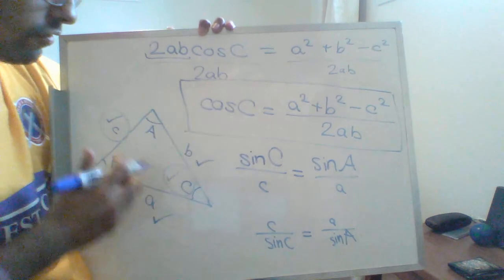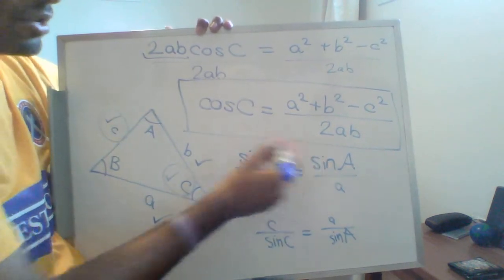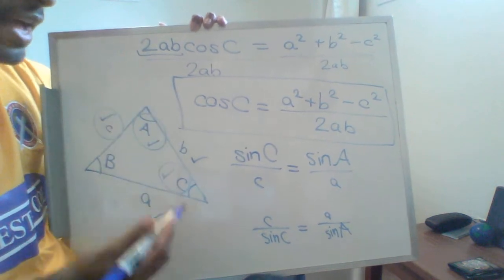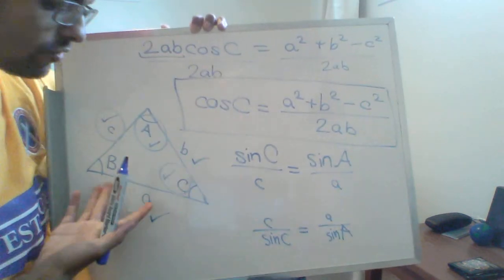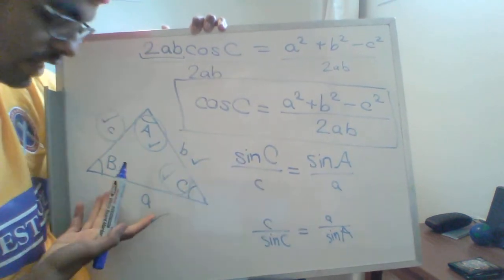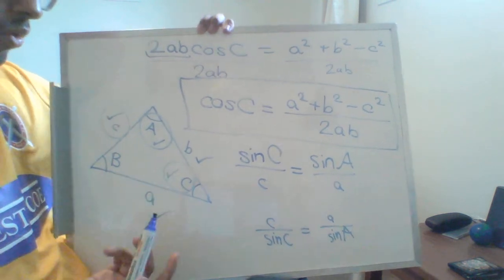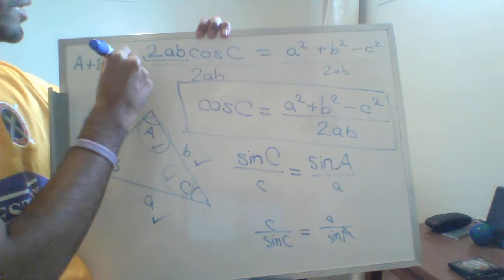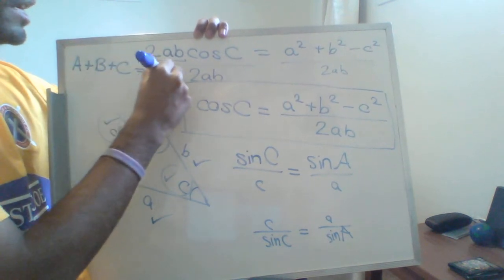So you could do cosine law the first time to get one angle, and then you do sine law, let's say, to figure out this angle. And now you could do cosine law to figure out angle B, or you could do sine law to figure out angle B. Or, well, you know A plus B plus C is going to be 180 degrees.